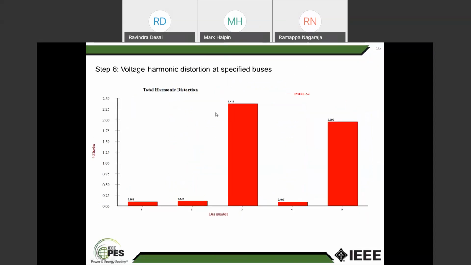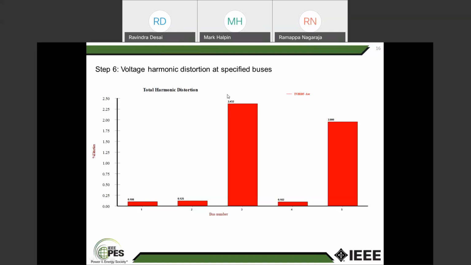Also, you'll be able to find out on the bar graph the harmonic distortion corresponding to the various buses once you do the harmonic simulation studies. What you are going to see here is that at the 11 kV bus, consumer bus number 3, the voltage harmonic distortion is maximum because he is injecting.